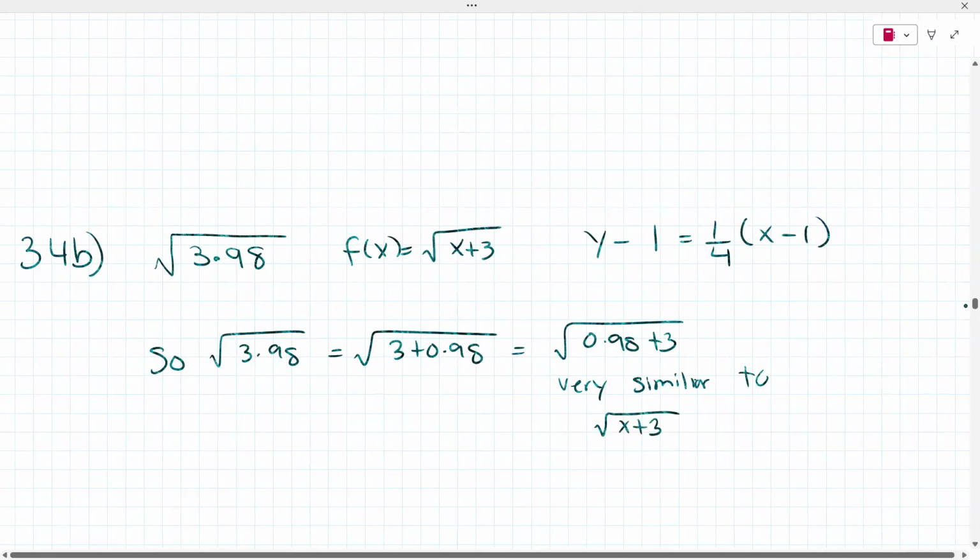So that means we actually are approximating 0.98, not 3.98.